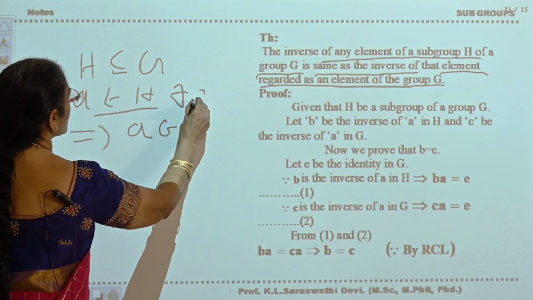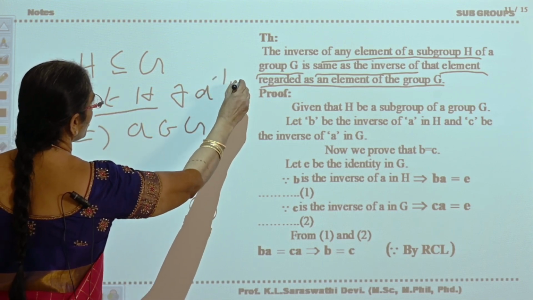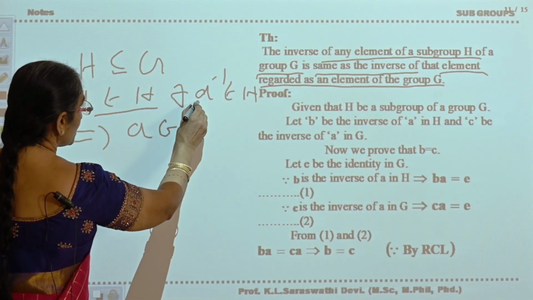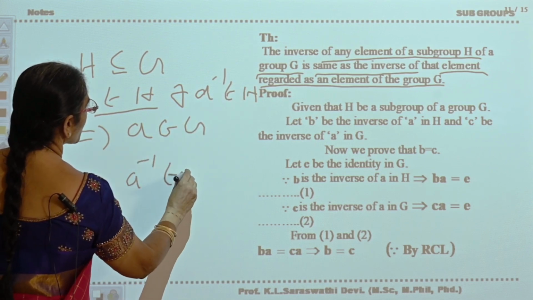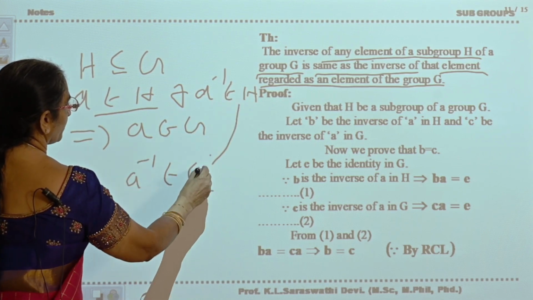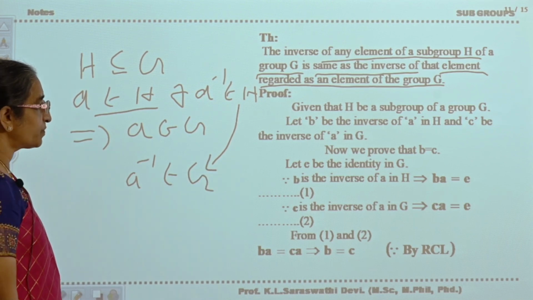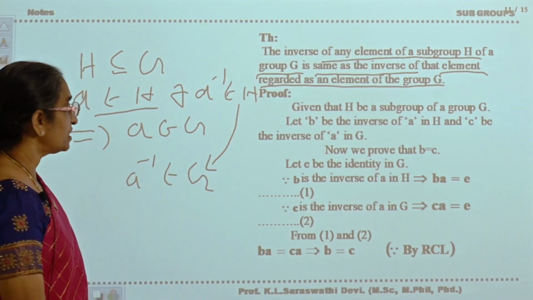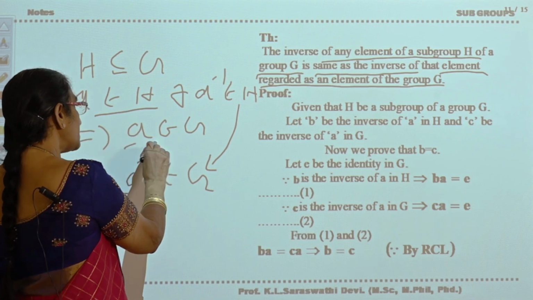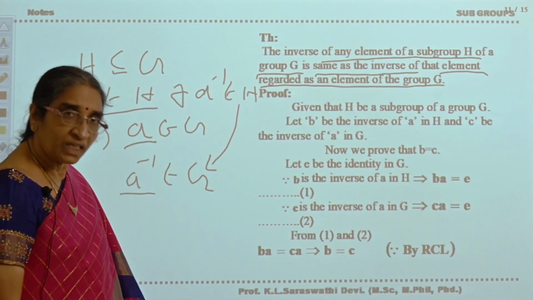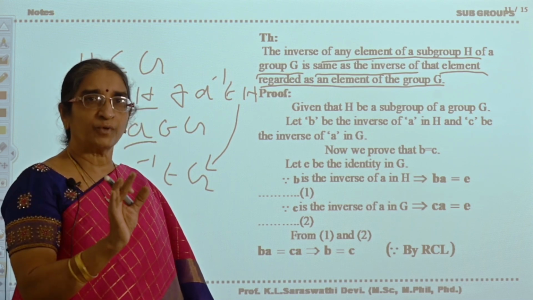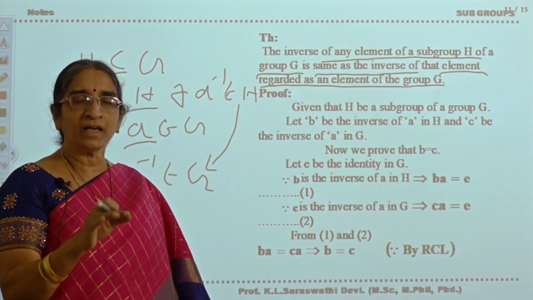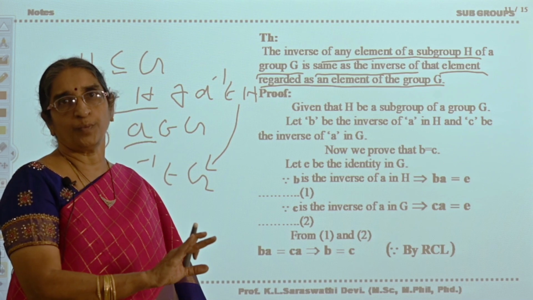Therefore, there exists A inverse belonging to H. This A inverse belongs to H implies A inverse belongs to G. This A inverse will be the inverse of this A. That we want to say. That is, the inverse of an element of a subgroup is the same as its inverse in the group itself.